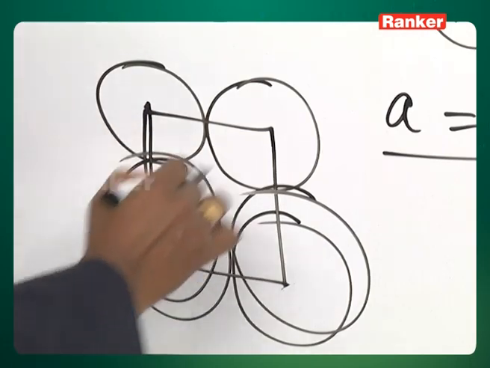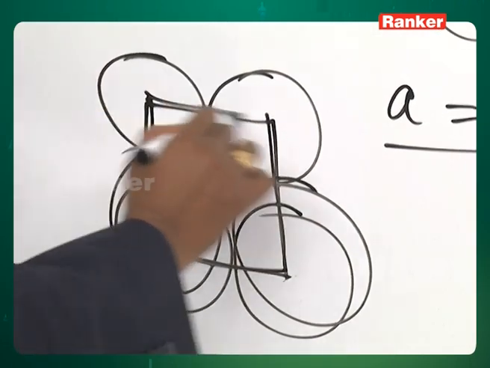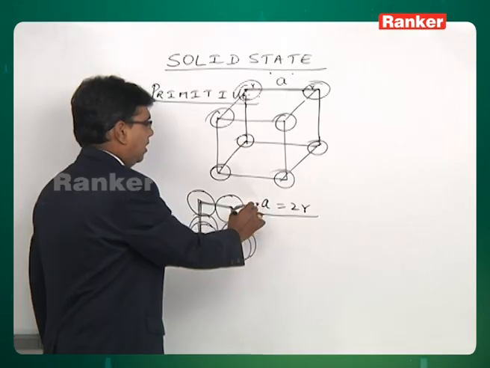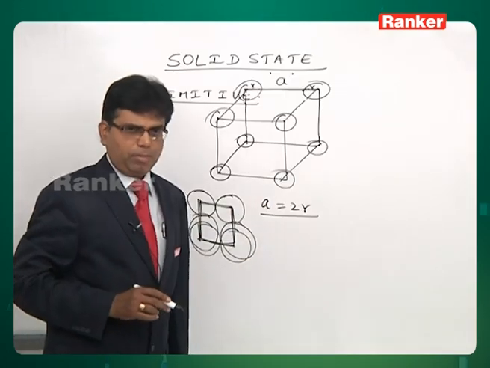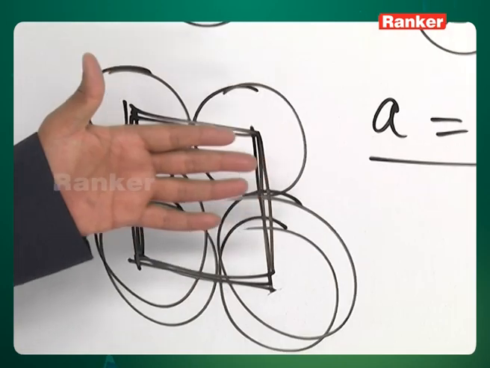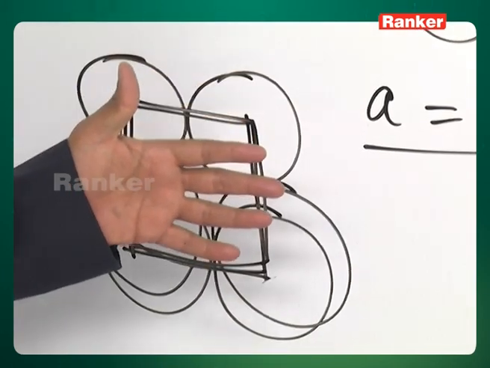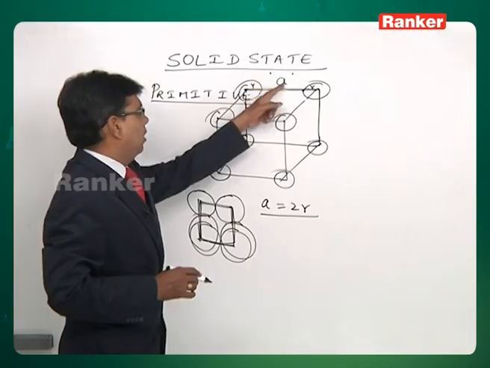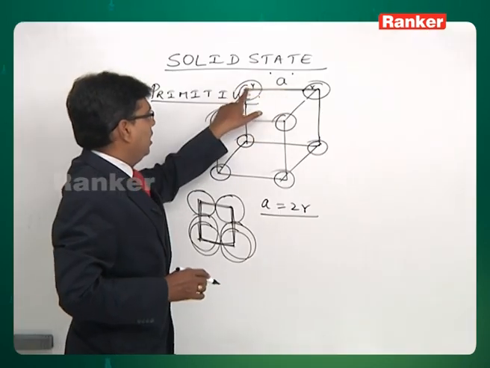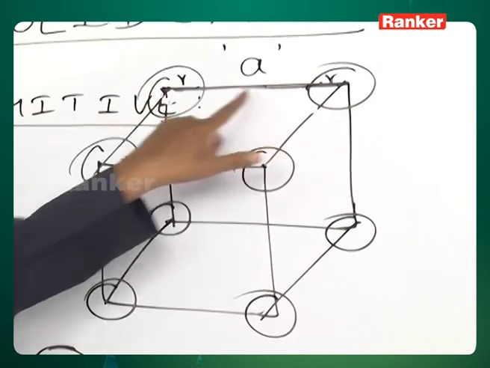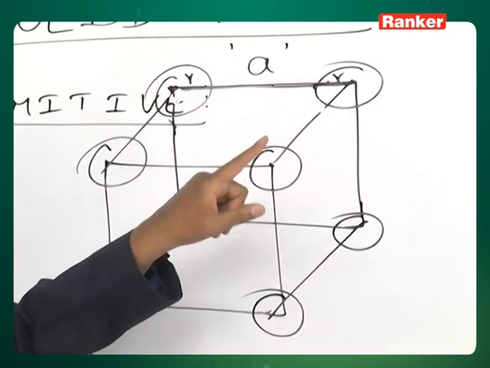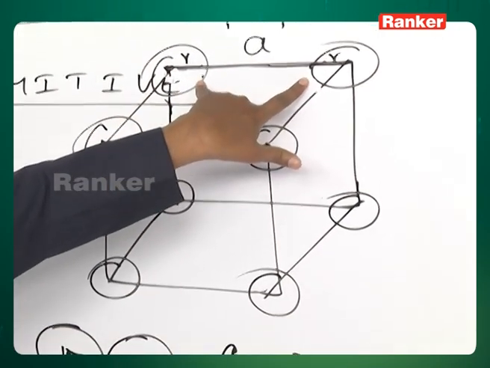So, then this is 2r, this is 2r, this is 2r. Any edge length if you take, then a is equal to 2r. Another 4 if you keep on above these 4, then what you will get is a cube like this. So, here even though for our convenience we are showing it like this, it does not mean that these 2 are not in contact.